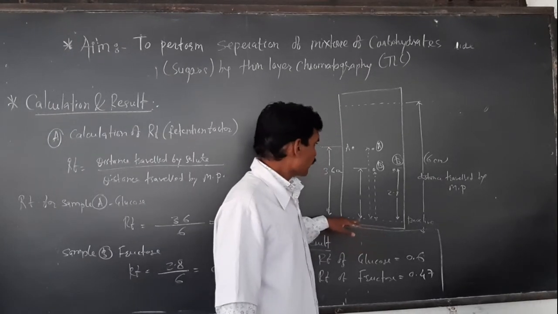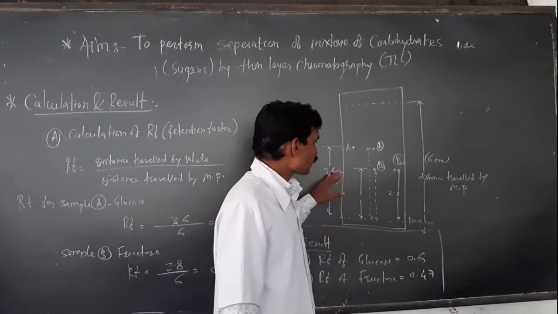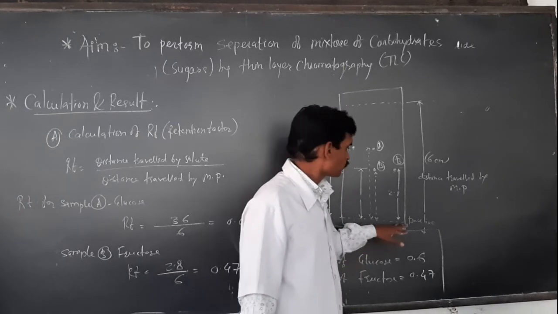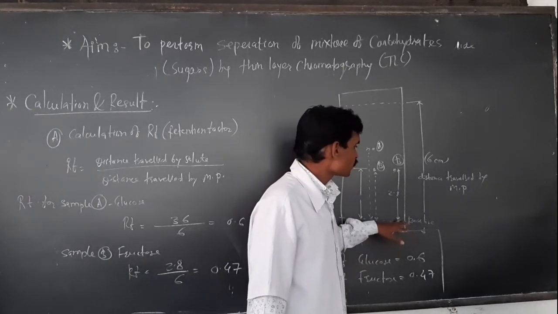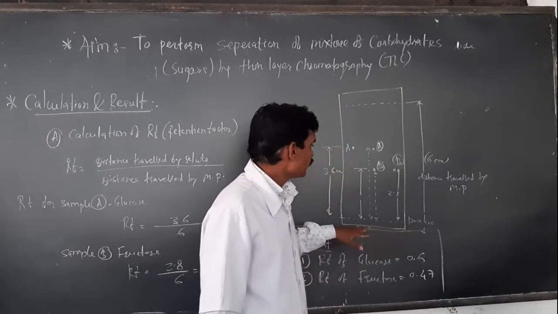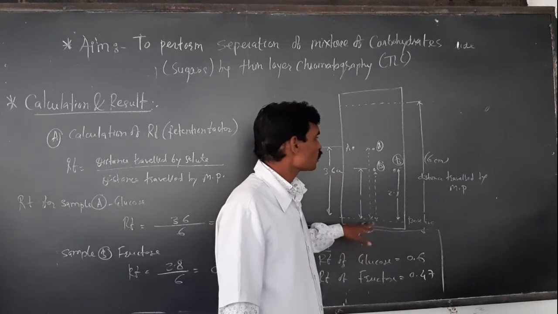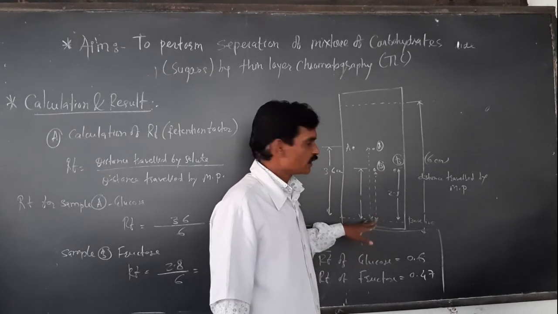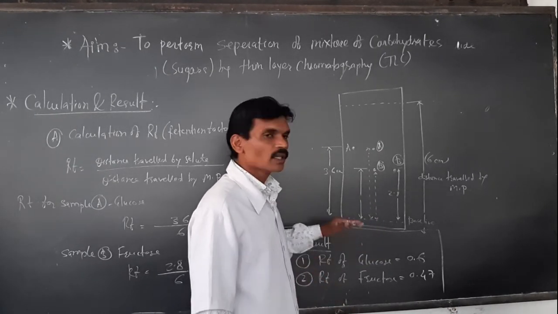On the baseline, at the first corner we have taken the spot of sample A, at another corner the spot of B, and in the center a spot of both A and B, that is the mixture.